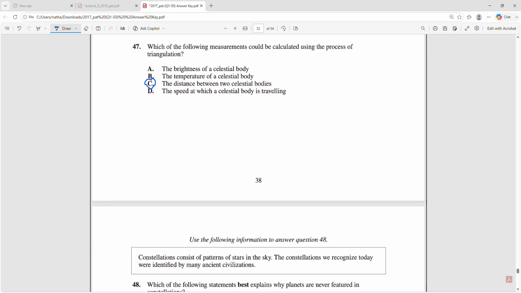Okay, question 47. Which of the following measurements could be calculated using the process of triangulation? So triangulation is something that can give us the distance between two celestial bodies.